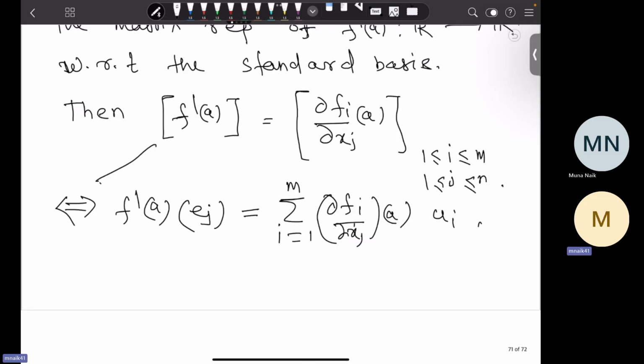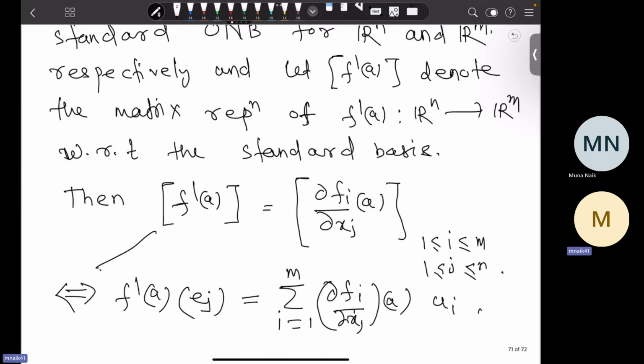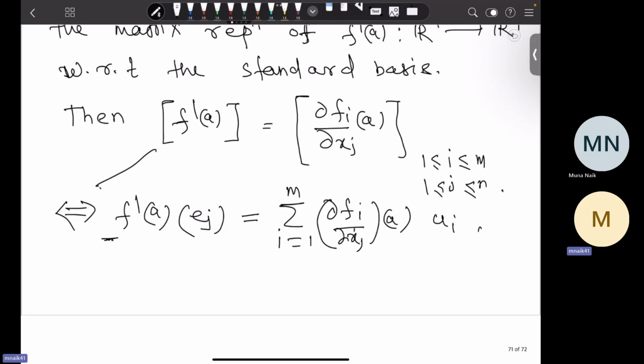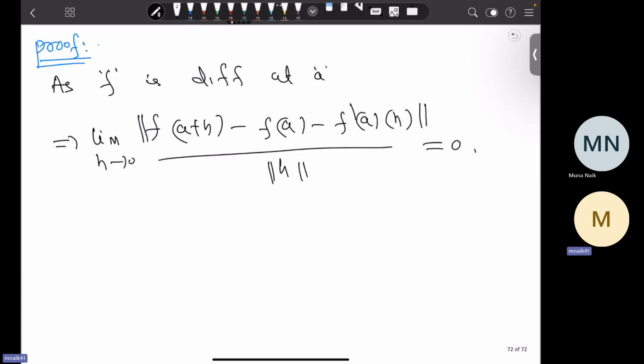So this is 0. So I have to prove that f prime of a applied on ej is something like this. Now, how do I do it? I can put h equal to ej, but that will not help me, because the norm of ej is equal to 1.